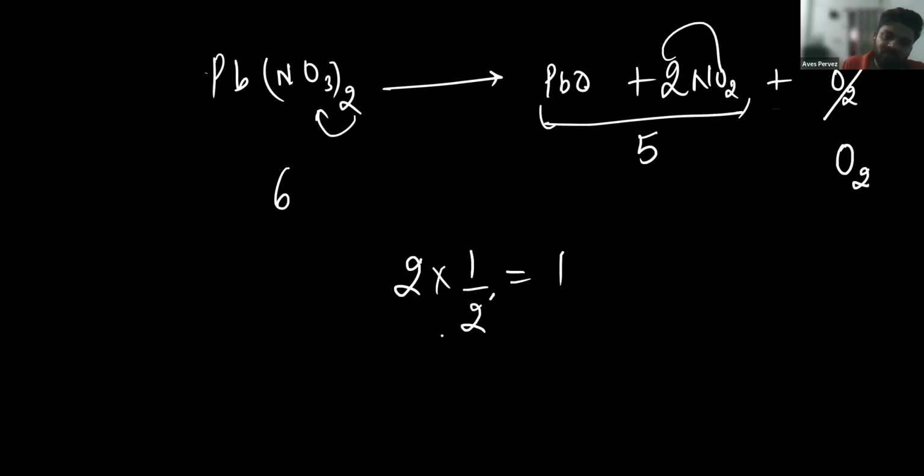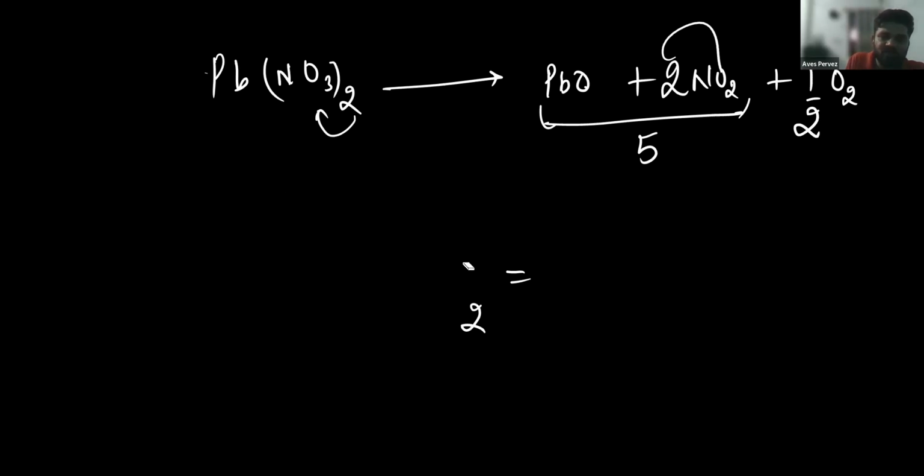So you have to write 1 by 2 here. This 2 will get cancelled out and you will get 1 here. If you multiply this with half, it is balanced. Now it is balanced, but it gives an awkward feeling: how can we write half a molecule in an equation?